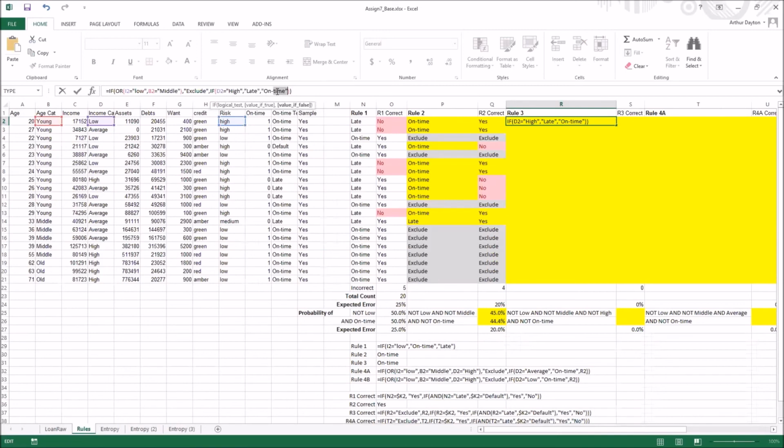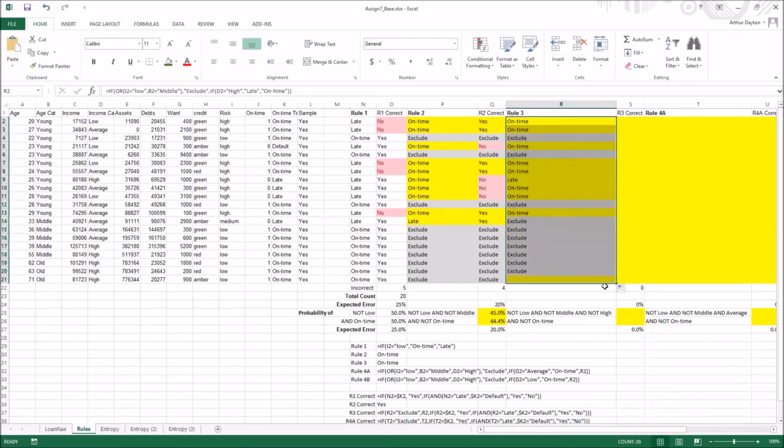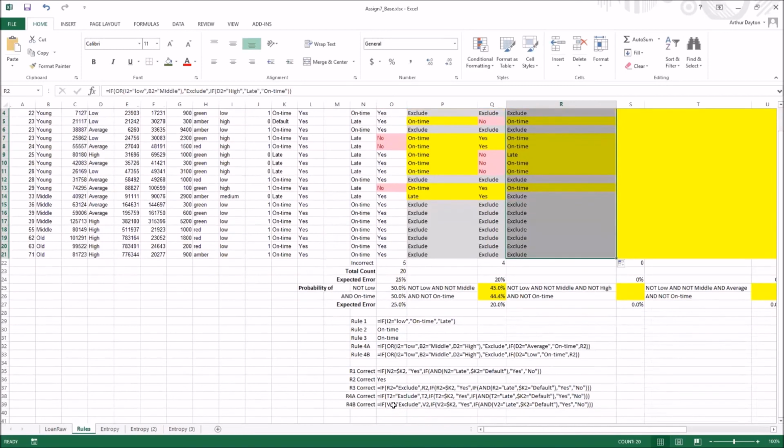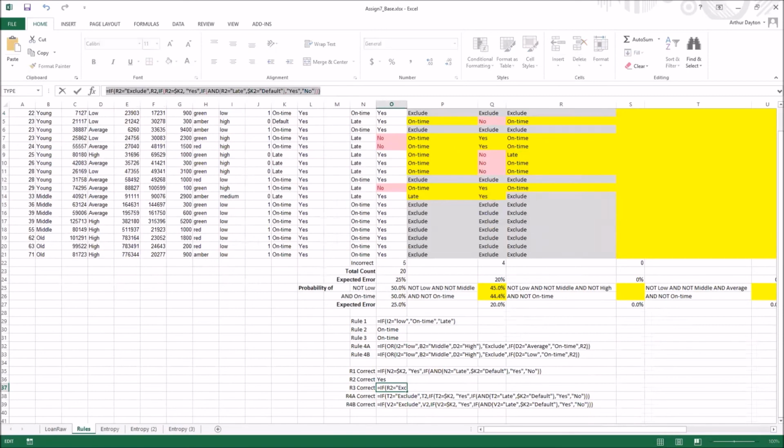Otherwise, we'll predict on time. So again, we will drag this down through, and it will exclude the calculations from our first two rules. Then we can check to see if our rule has correctly predicted the outcome.